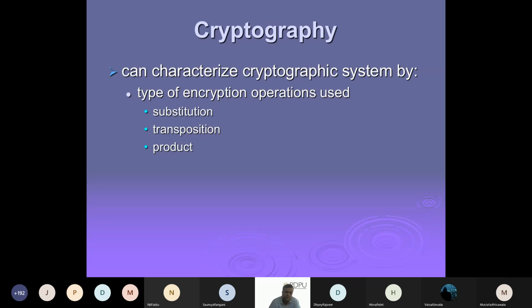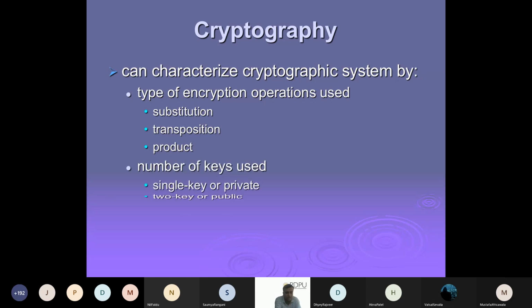And a product means a combination of substitution and transposition. If you use both, it is considered a product cipher. Compared to substitution and transposition alone, product ciphers are more secure because they use both, so they make the message more garbled. The more you garble a message, the harder it is for attackers to find loopholes and find the key.